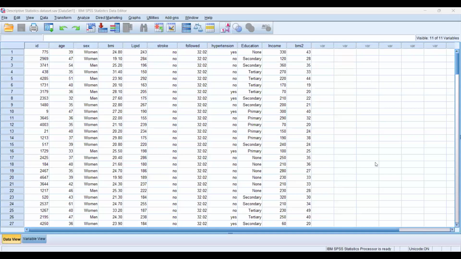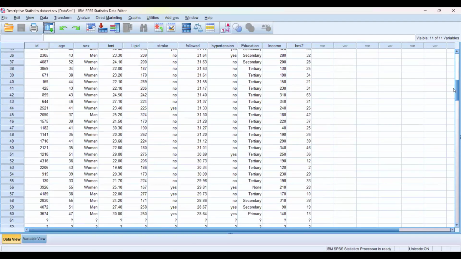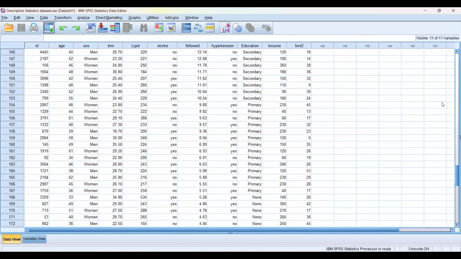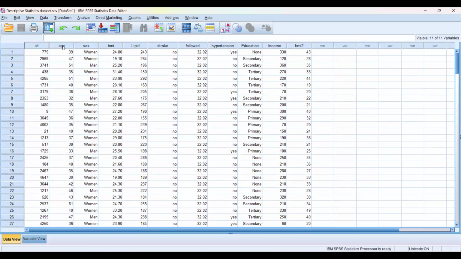All right, so like I was saying, this is an SPSS sample data set for, let's say, 180 participants, or our sample size is 180, which you can see there. And like I said, those are my variables. I have age in here, the blood lipid level, presence or absence of stroke, I have hypertension, I have educational level, I have income, and then I have BMI again.